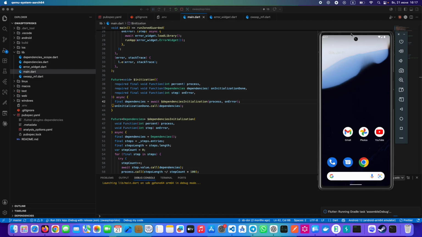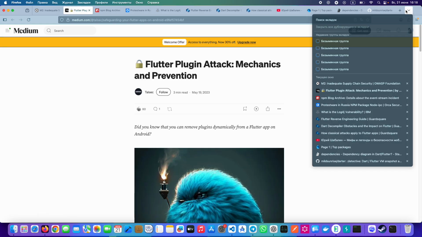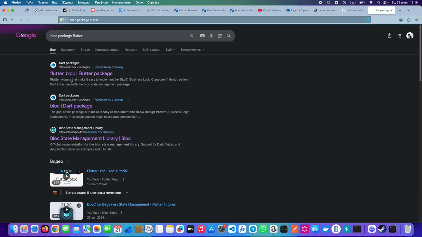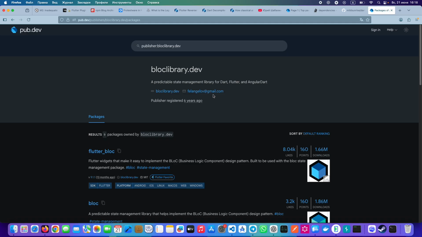Supply chain attacks. Supply chain security means that you have to be very aware of what you are downloading, what packages you are using, and from whose maintainer. For example, the maintainer of this project, Felix Angelov, is very trusted in the ecosystem.